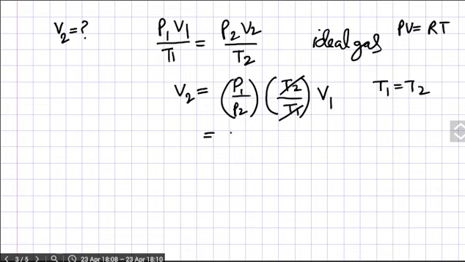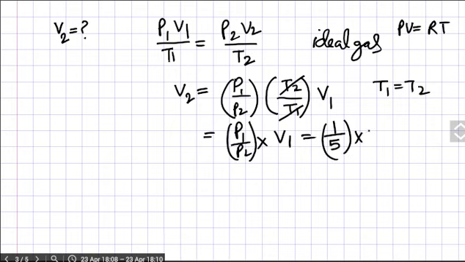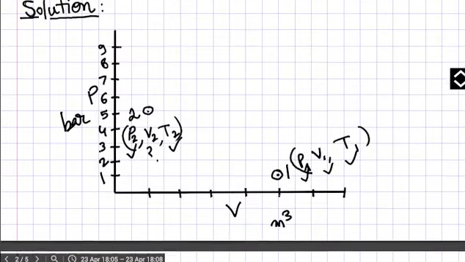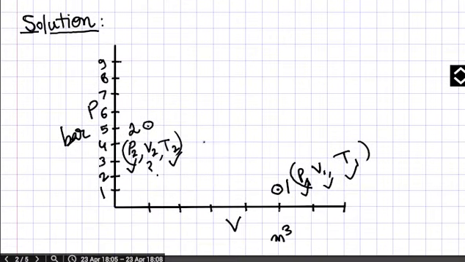You are left with this formula, P1 by P2 into V1. Then you put in the values, 1 bar and 5 bar, and whatever the value of V1 is, you will get the value of V2, and it will be this much. This way you have calculated the value of V2, and now this data is known to you.